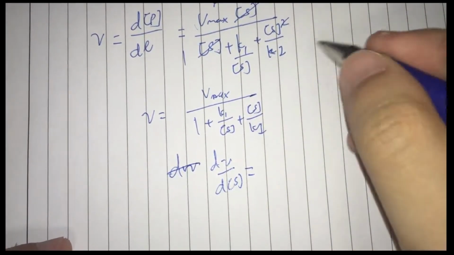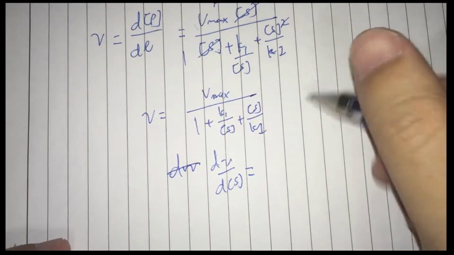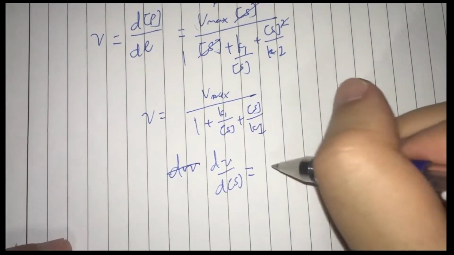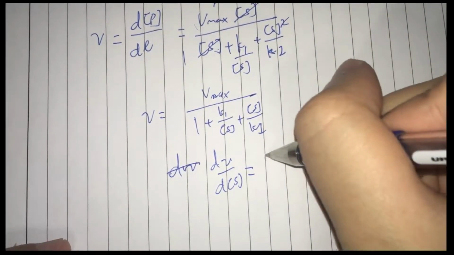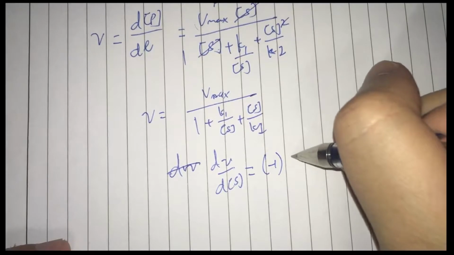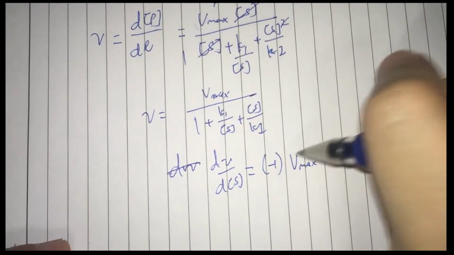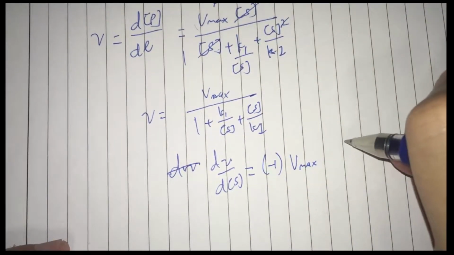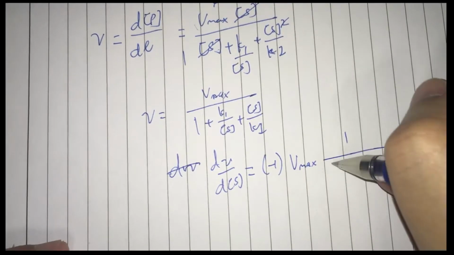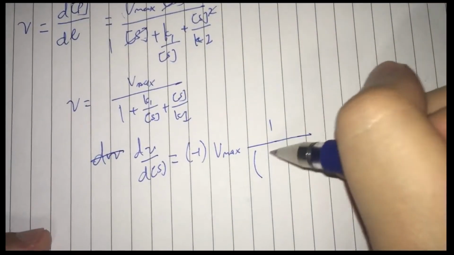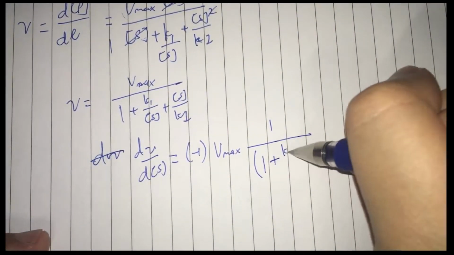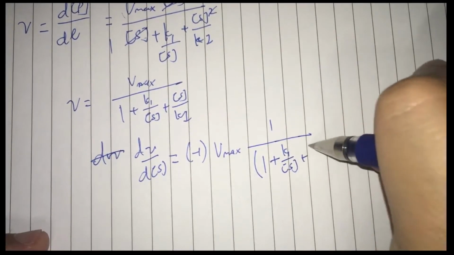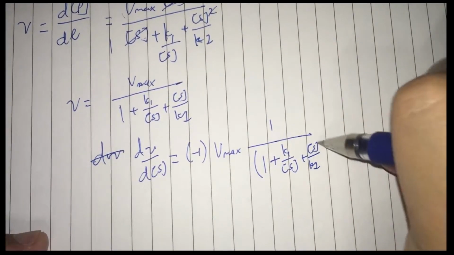dV/dS equals, alright, so this is to the power of -1, so we'll use the chain rule. We bring the -1 down. Then we have the Vmax here. Then we reduce the power by 1. So we'll do this, S over Ki.